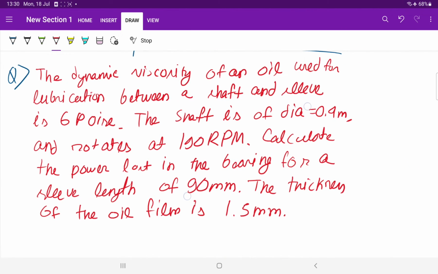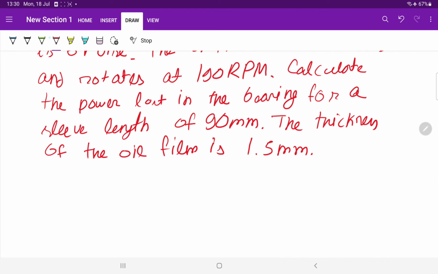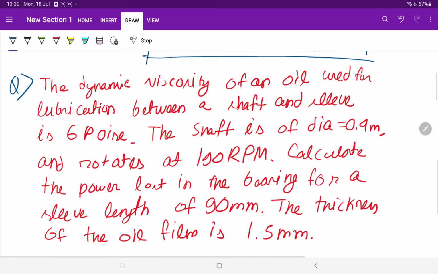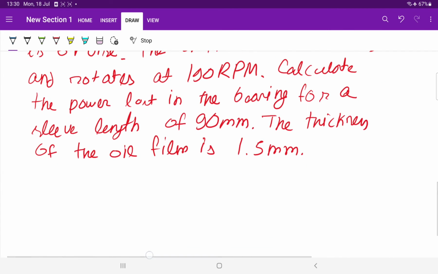So the dynamic viscosity of the oil used for lubrication is 6 poise. Whenever poise comes to mind, remember that poise is the unit of viscosity. It is written dynamic viscosity, but it is obviously viscosity.